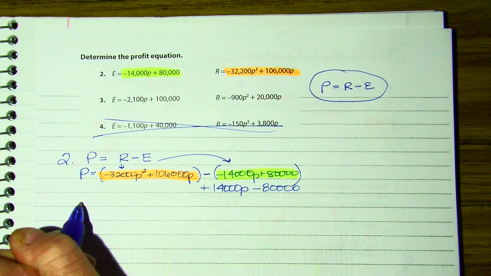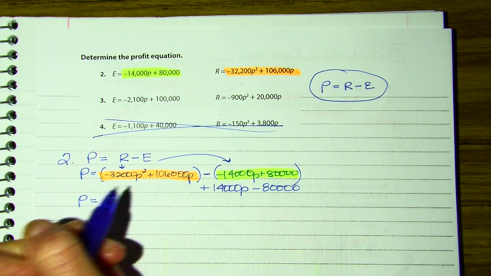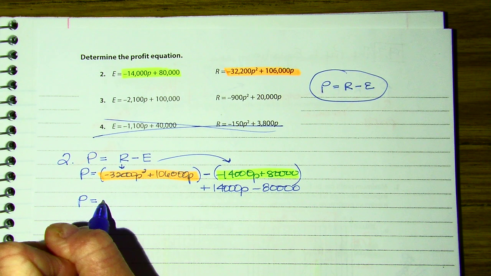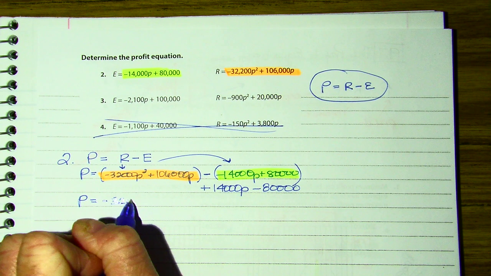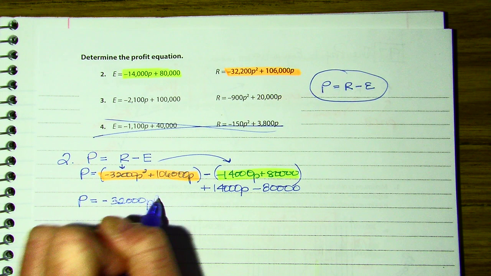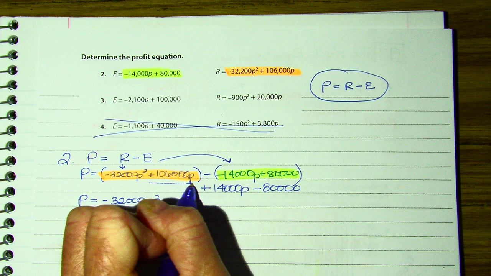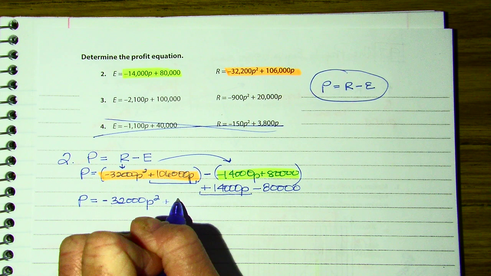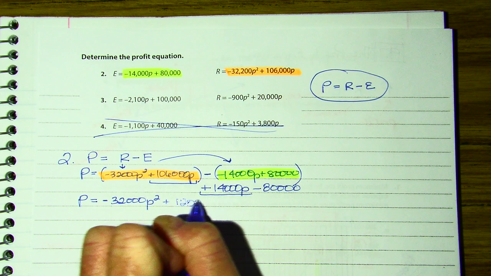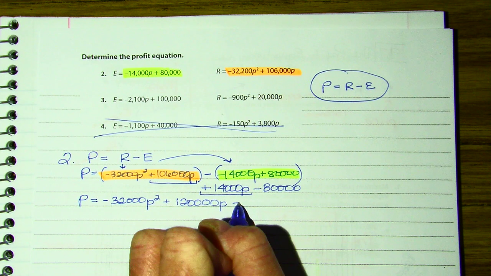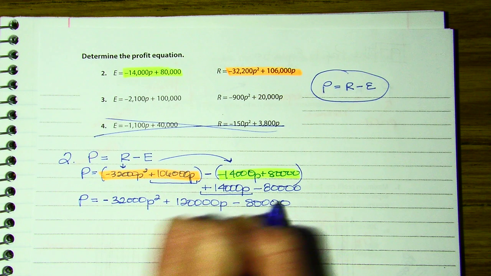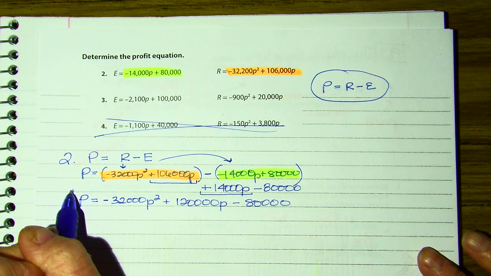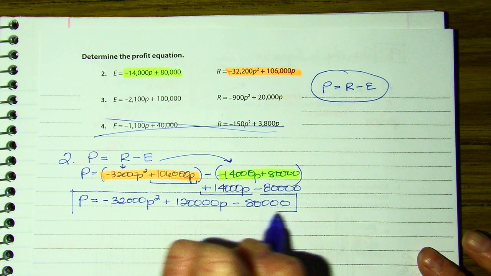And then I'm going to combine like terms. So there are no other P squared, so I'm just going to write negative 32,000 P squared. But I can combine 106,000 P plus 14,000 P. And that would give me 120,000 P minus 80,000. So that would be the answer to number 2.